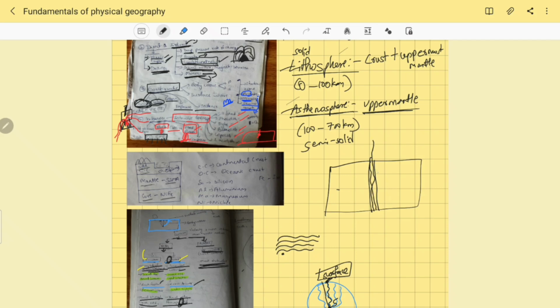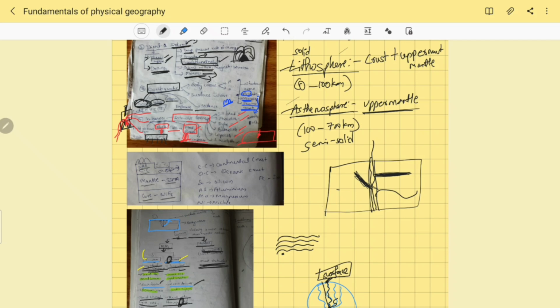It can be formed in a sheet form, that is a sill. Phacolith means it is in an S shape, like when you throw a ball, it forms an S shape. Sorry for the drawing. Yes, this is a phacolith. And then you have a dike. Dike is in this perpendicular shape. If you see any perpendicular intrusive form of volcano, that is known as a dike.